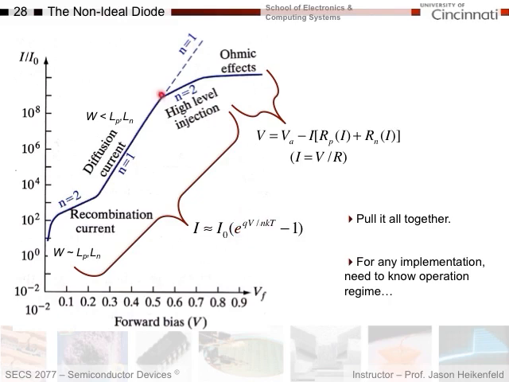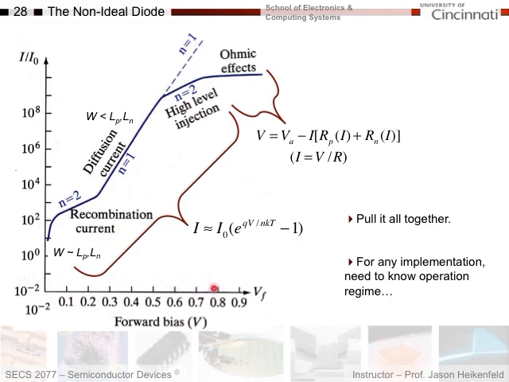Then I go to high enough injection levels. Sure, my depletion width is narrow, but I'm injecting so many electrons and holes that they can start to see each other's concentrations in the depletion region, and again my ideality factor drops to 2, and I become half as efficient. The slope halves in terms of current versus voltage.